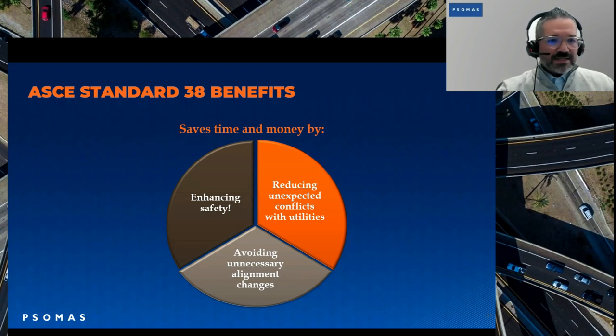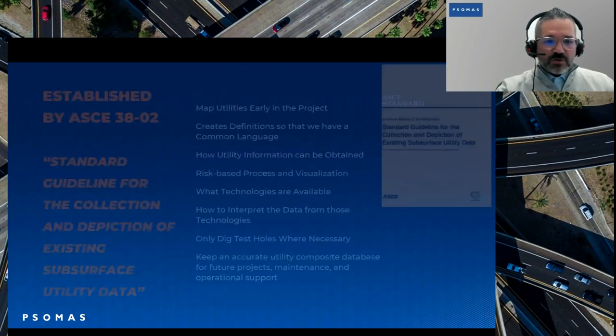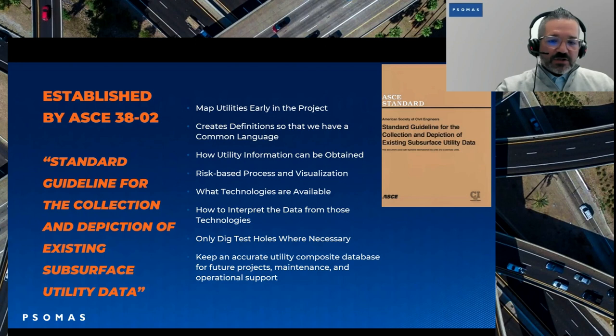So what did ASCE 38 establish? The first one established the mapping of utilities early in a project. They tried to push as much as possible the mapping of the utilities to the design phase. When I first got into land surveying, a lot of the utilities were done once you got into construction.